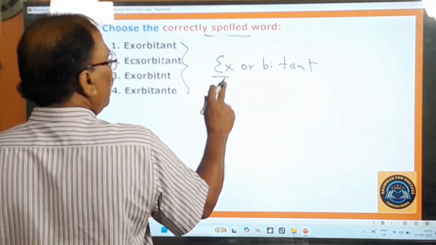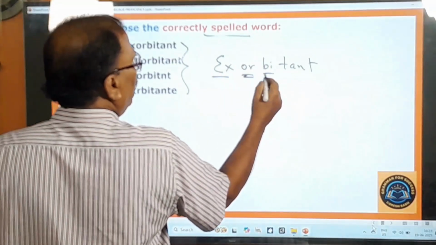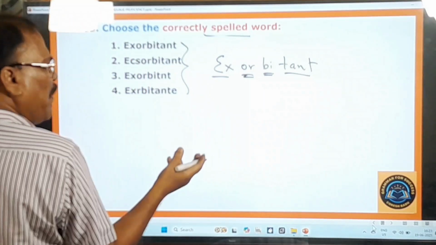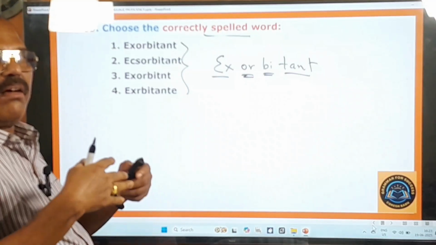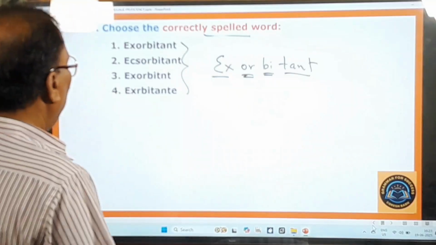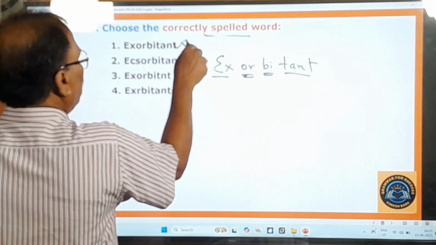X, ex Prime Minister, ex, you say ex-or-bitant. Exorbitant. The spelling is very simple. If you can cut the word into syllables, you can easily give the spelling of any tough word or any difficult word. Here you see this is the right spelling. Exorbitant. The very first one is the right one.